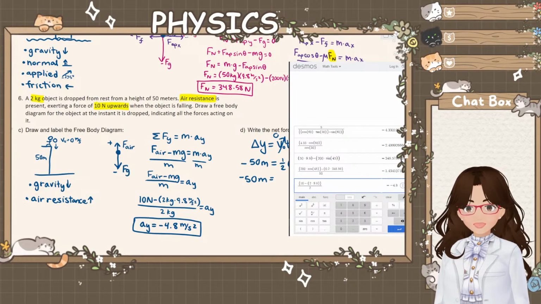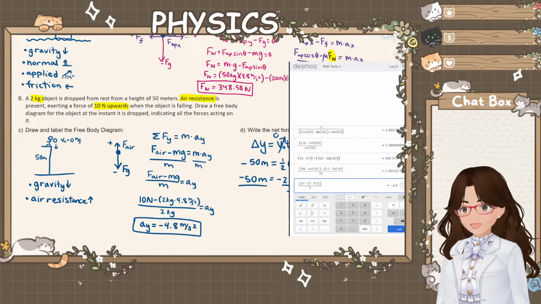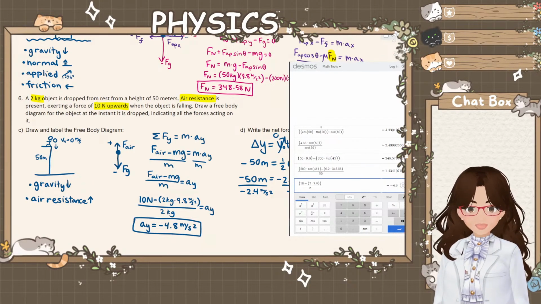Half of negative 4.8 is going to be negative 2.4. And then I just need to divide both sides by the negative. Again, I have a bunch of videos and I just came out with one about free fall. It is really important to make sure that you check the sign of your displacement because we're moving down. That's going to be negative displacement.